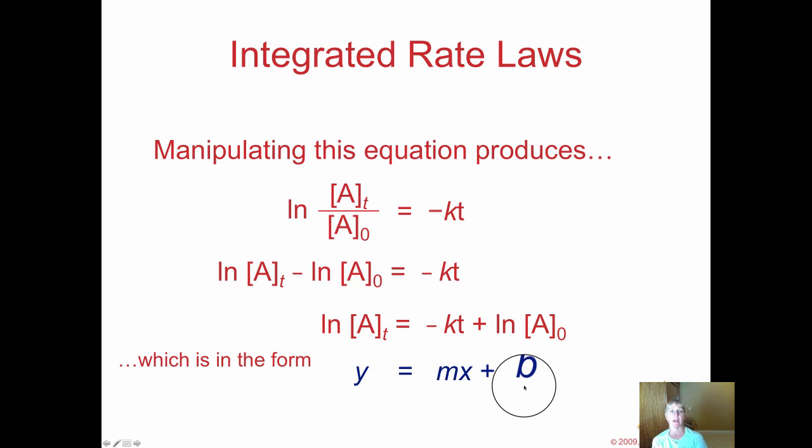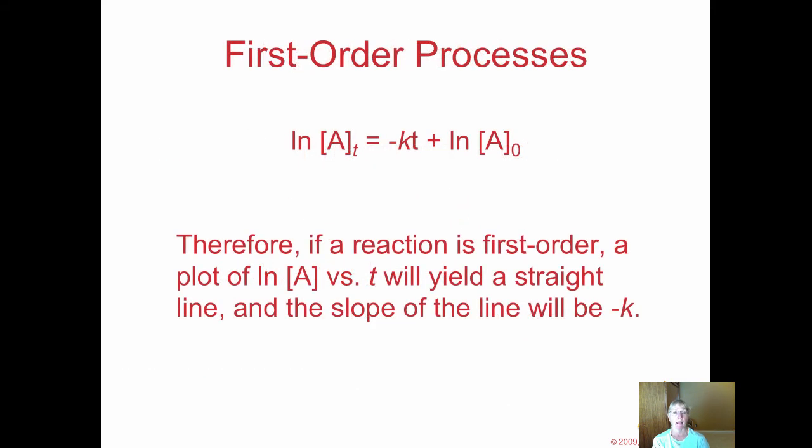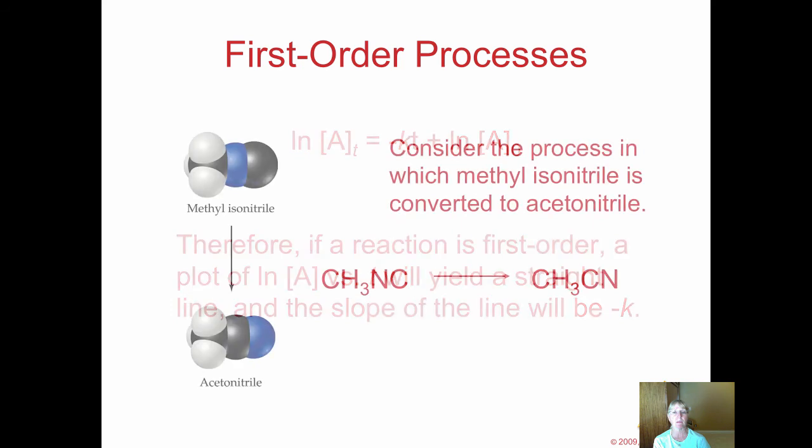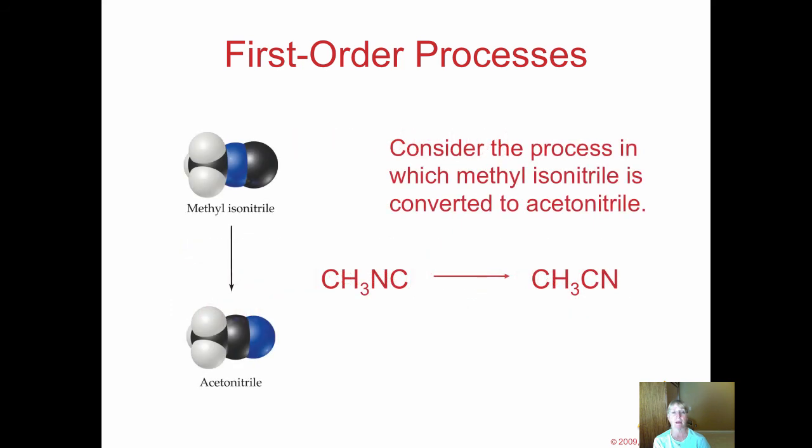And as we all know, that is the equation for a line. And if your reaction is first order, the way you can take the curvy line where rate is changing and turn it into a straight line is by taking the natural log of the concentration of reactant A. And it looks something like this.